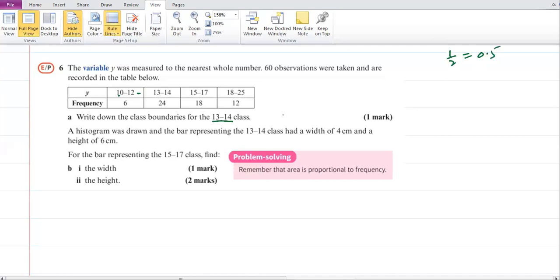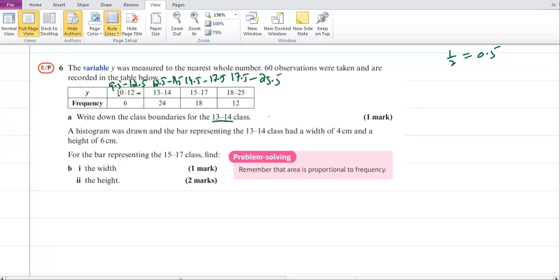Subtract 0.5. So the class boundaries, if you write without gap, for example, for this one will be 9.5 till 12.5. For this one, it will be 12.5 till 14.5. For this one, it will be 14.5 till 17.5. This one will be 17.5 till 25.5.